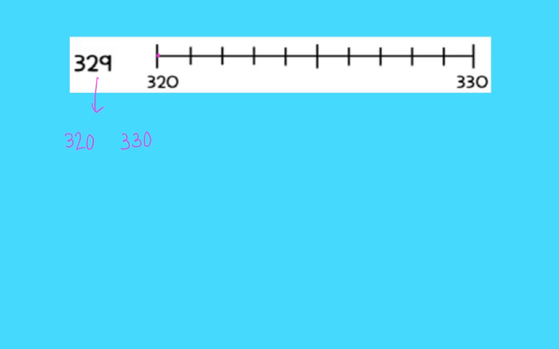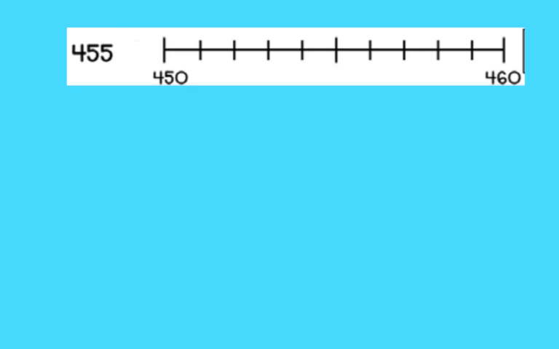So if I look on my number line, 320, 321, 322, 323, 324, 325, that's halfway. 326, 327, 328, 329. So we're right here. It's only one hop away from 330. So 329 rounds to 330.